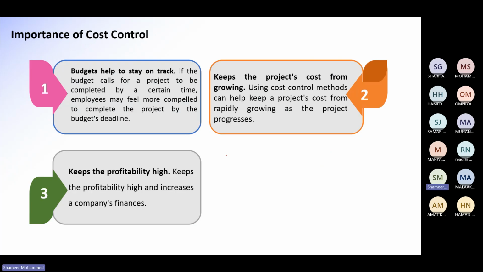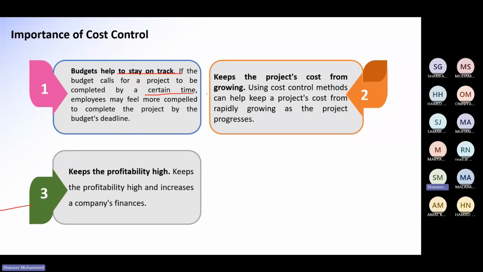Now the importance of cost control we have already discussed, and also see here. It will help you to keep your project on track. That means you don't lose the speed, you don't lose the time. So you will complete the project on time if you refer to and adjust your cost management plan.